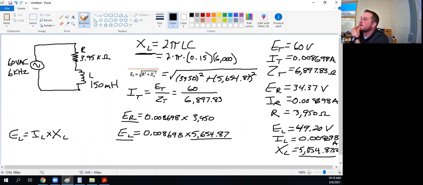Will we do parallel as well? Nope. So we don't do the individual voltage drop, right?